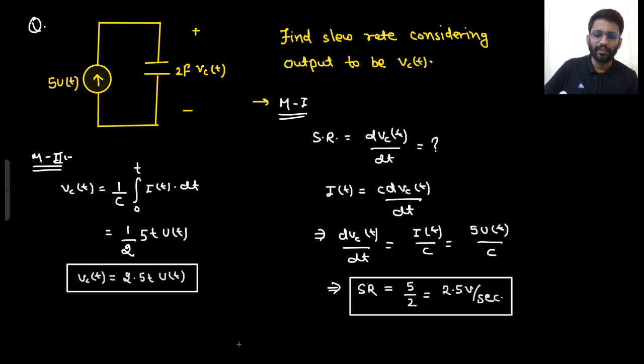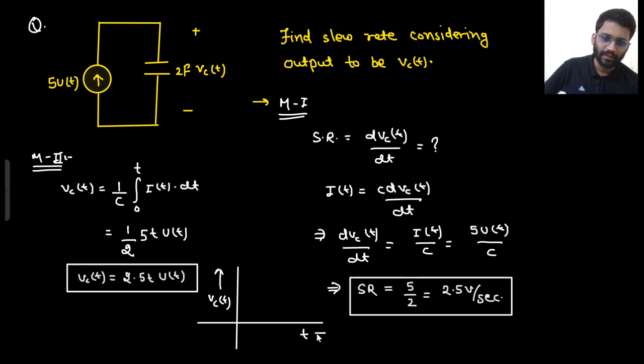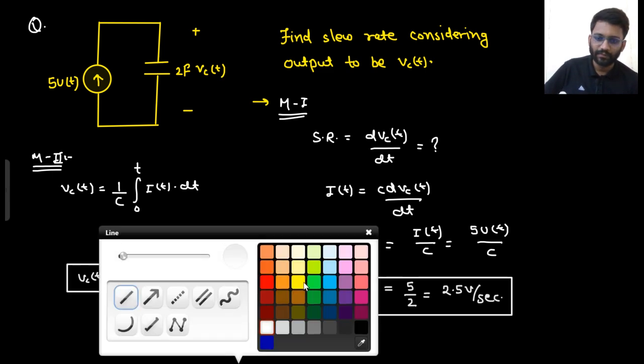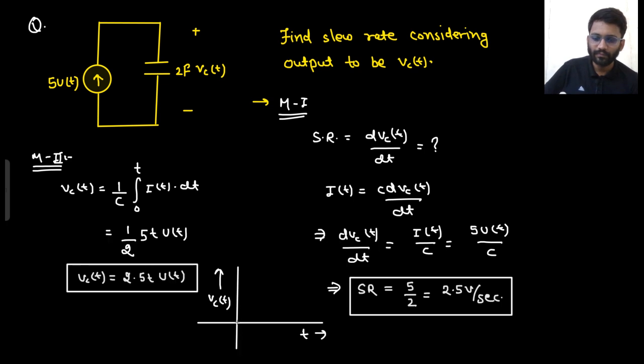So basically this is your VCT. So how will the VCT waveform go? The VCT waveform will look something like this, VCT versus T.